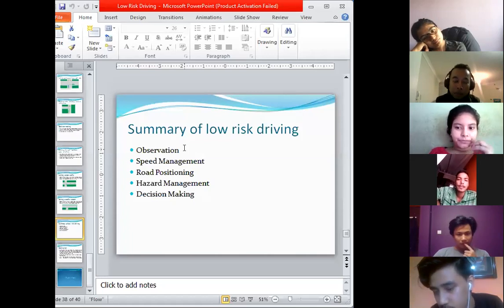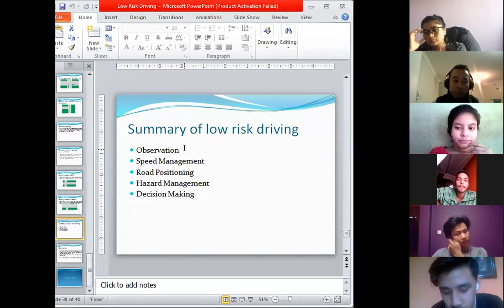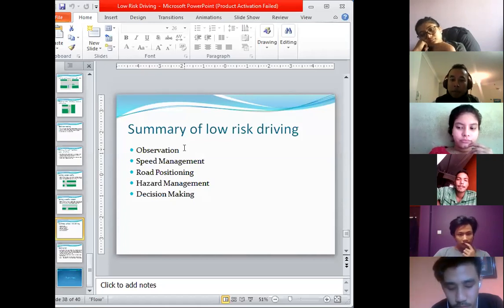Another one is speed management. I'm just recapping those things as I already explained to you. Speed management is driving under the speed limits. For example, if the street allows you to drive 60 kilometers, you need to drive below 60 kilometers.